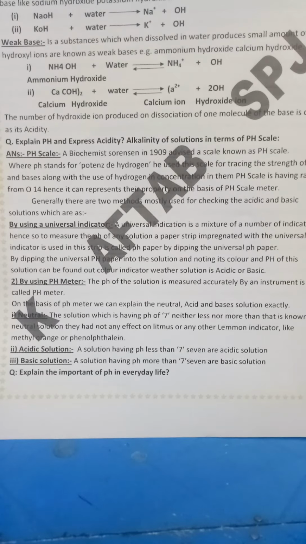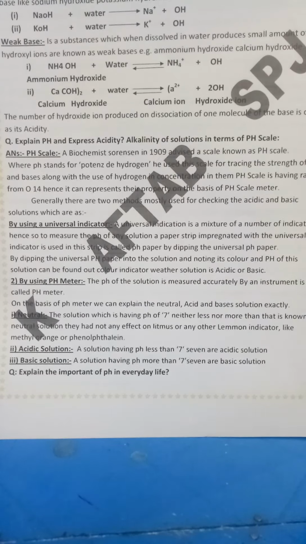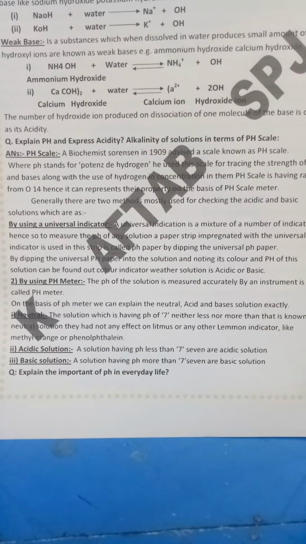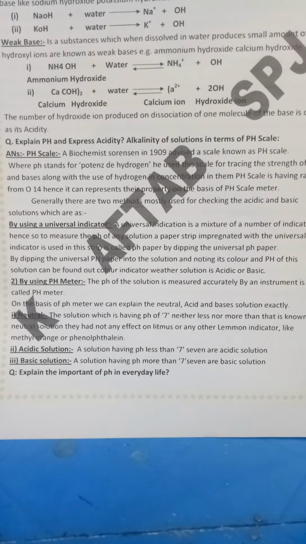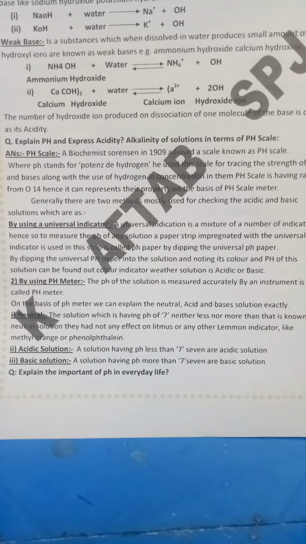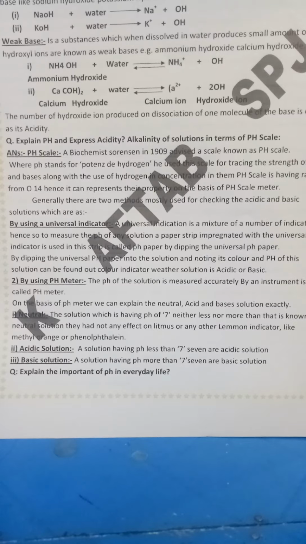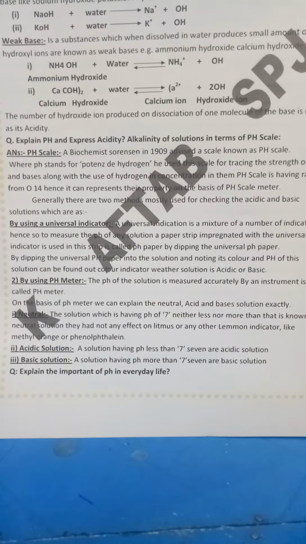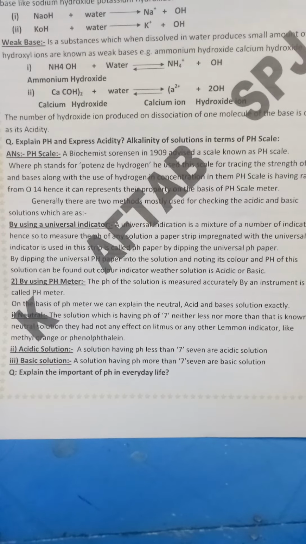The reverse is that when blue changes into red, it is acidic in nature. And when no change takes place, it means the solution is neither acidic nor basic in nature.